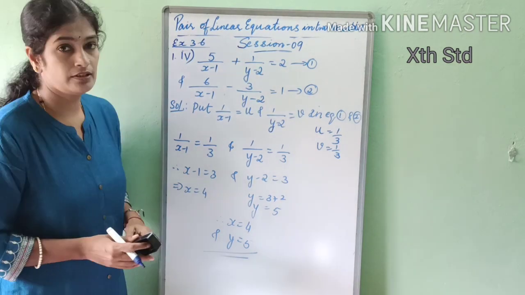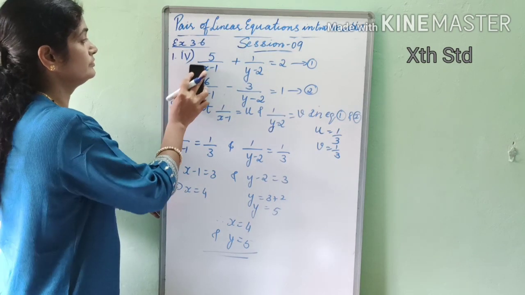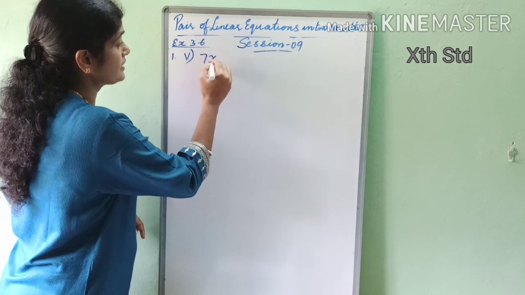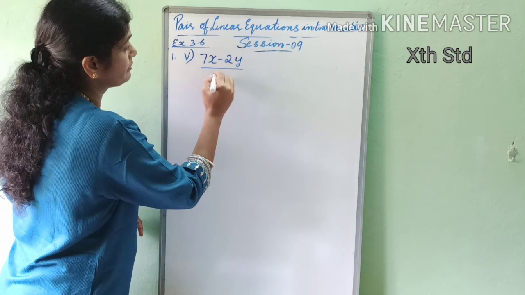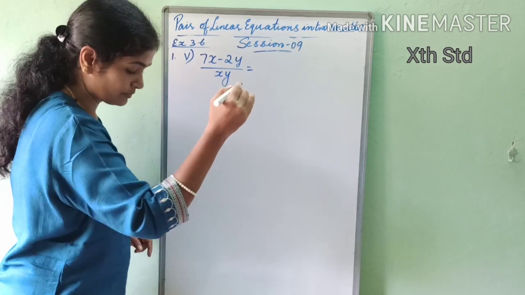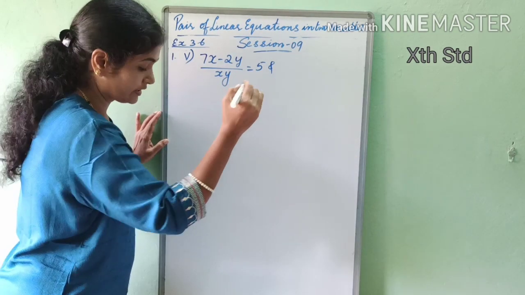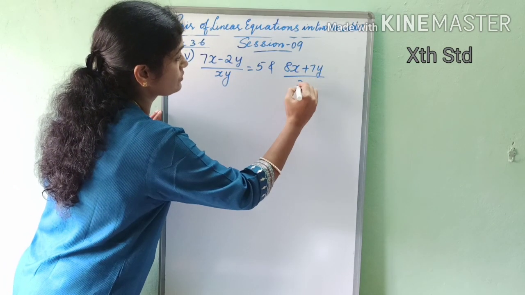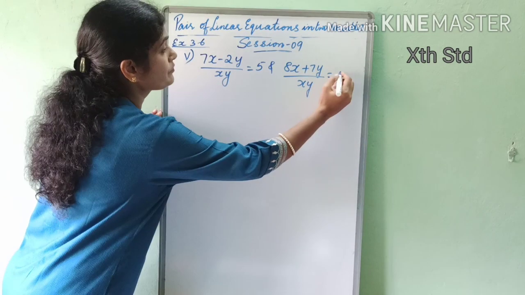Now, let's see the fifth question. 7x minus 2y whole divided by xy is equal to 5, and the other equation is 8x plus 7y by xy is equal to 15.